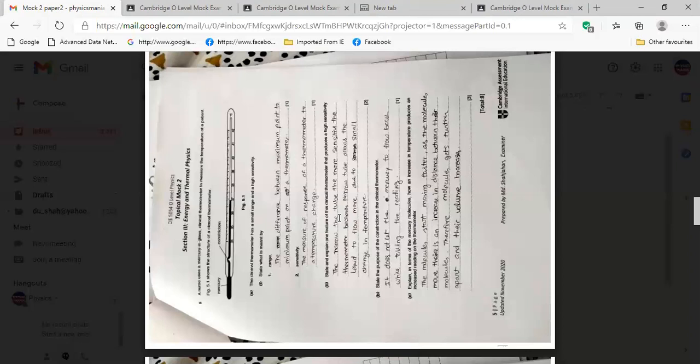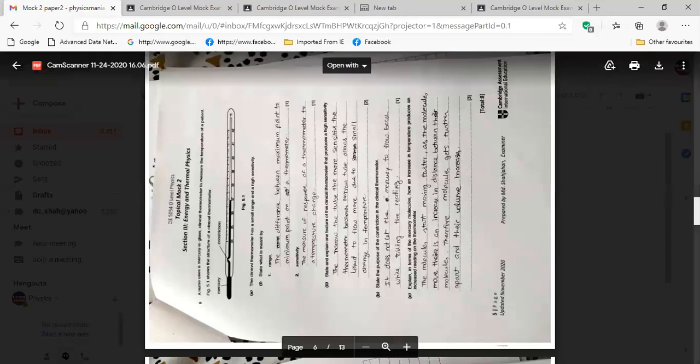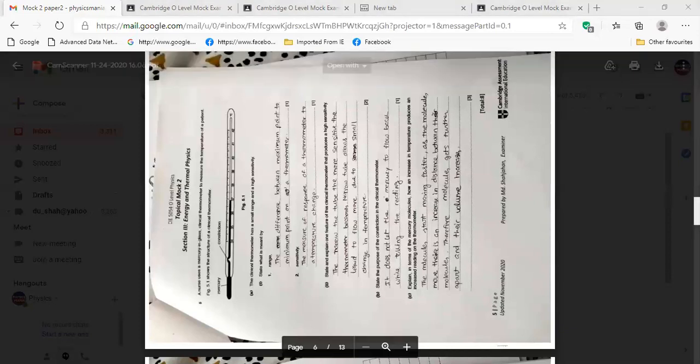The narrow tube makes the thermometer more sensitive; a narrow tube allows the liquid to flow more due to a small change in temperature. Okay, good. It's correct. You got both the 2 marks.